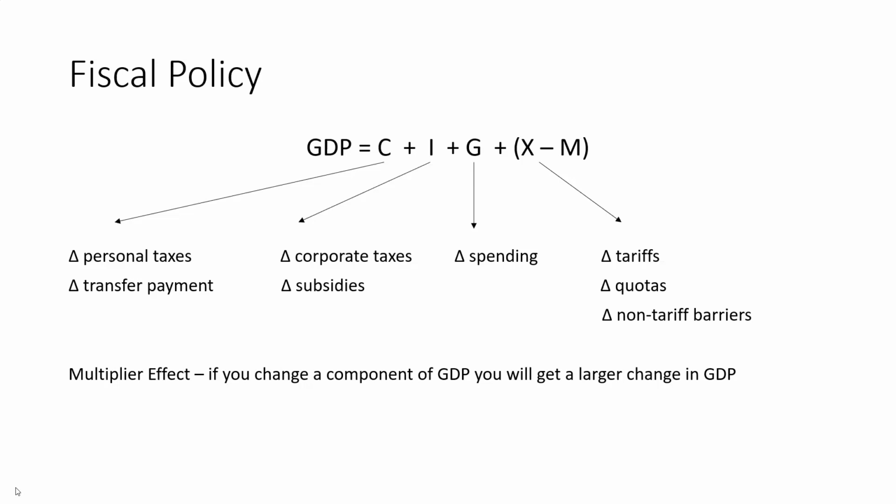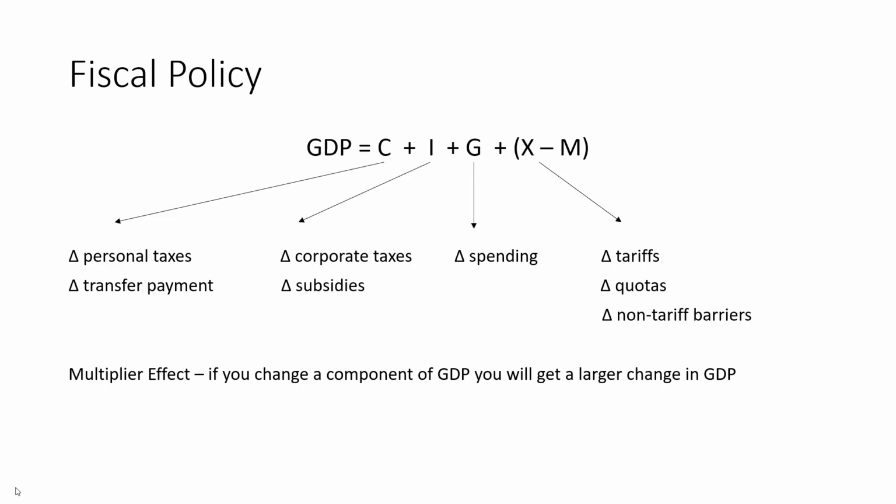Government gives subsidies to businesses. Part of the stimulus package the government passed was to help businesses, give them more money. Again, increase their income, increase the amount of spending they can do.